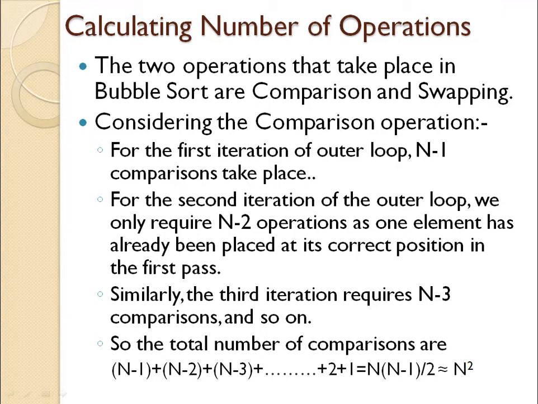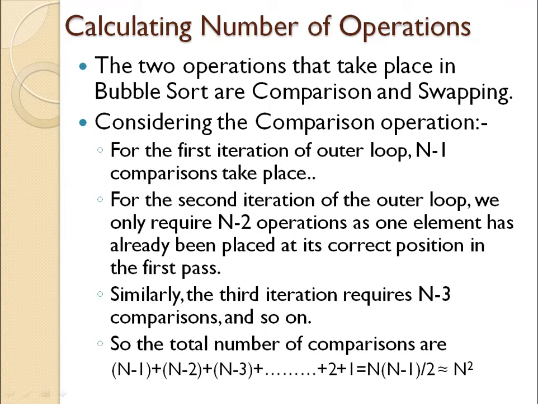For the second iteration of the outer loop, we only require n-2 operations. Why? Because one element has already been placed at its correct position. Similarly, when you traverse the list the third time, you will require n-3 comparisons. So on you will move.